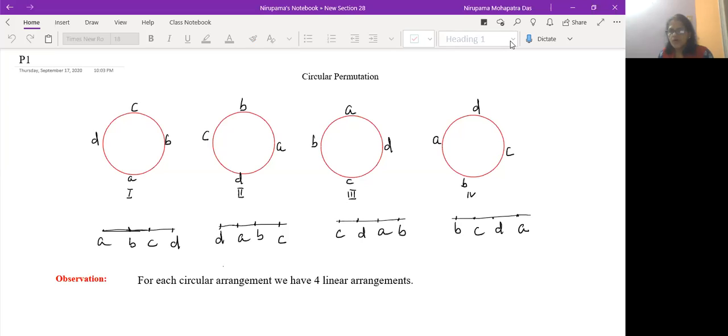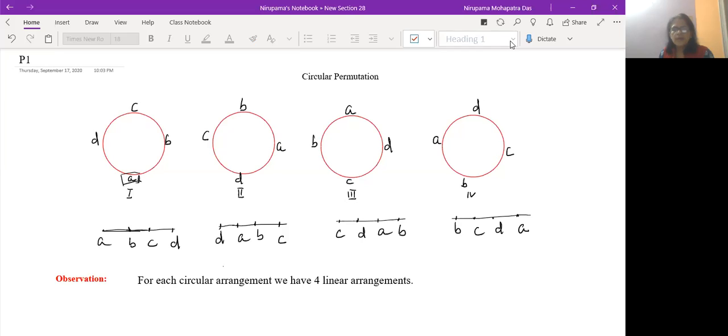So it means all four circular arrangements are basically one arrangement. Whether you write A, B, C, D in figure 1, in the second figure also we have A, B, C, D, the third figure also A, B, C, D, and the fourth one also like this. But now suppose we start from here.